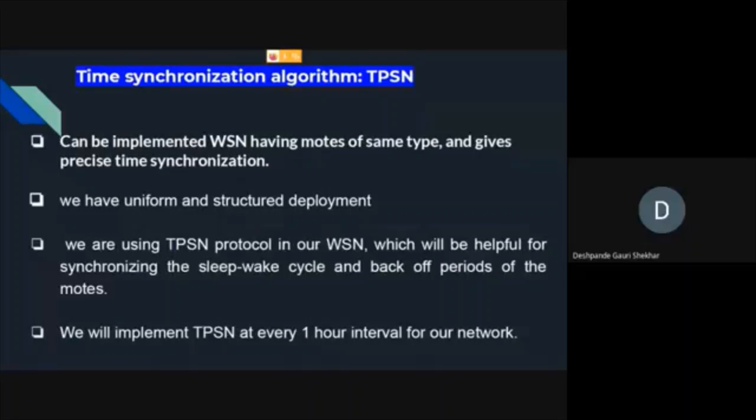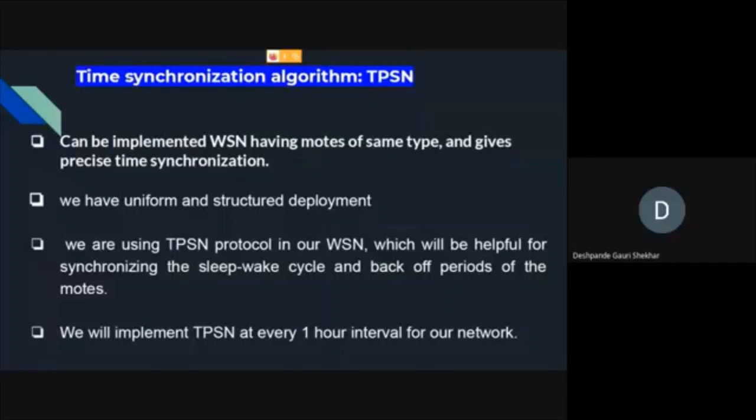But as we have pre-programmed the node ID that can give the distance between the nodes, the level discovery phase can be avoided. So, the TPSN protocol will be helpful for synchronizing the sleep-wake cycle and backoff period of the nodes. We will be re-implementing TPSN at every 1 hour interval for proper time synchronization.